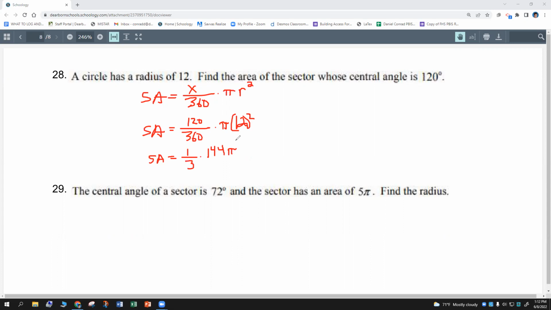And then 1/3 of 144 should be 48. So our sector area is going to be 48 times pi units squared.